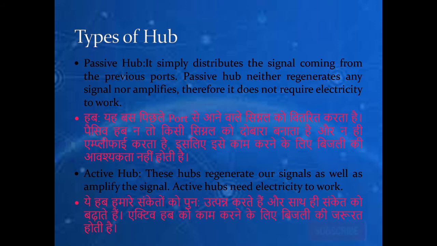Let me again tell you that an active hub will transmit the data as well as regenerate the data so that the signal does not become weak, while a passive hub only transmits the data.